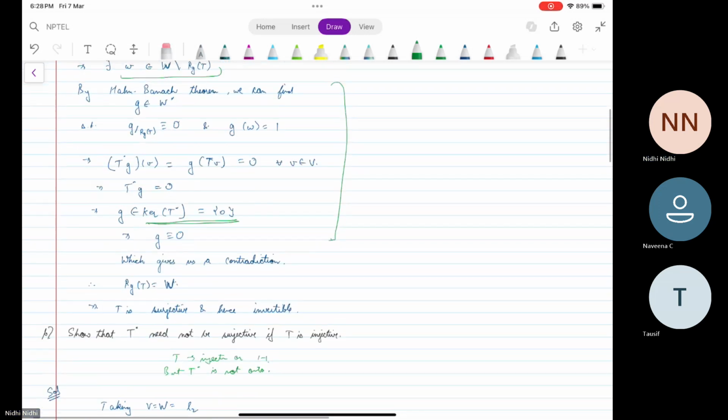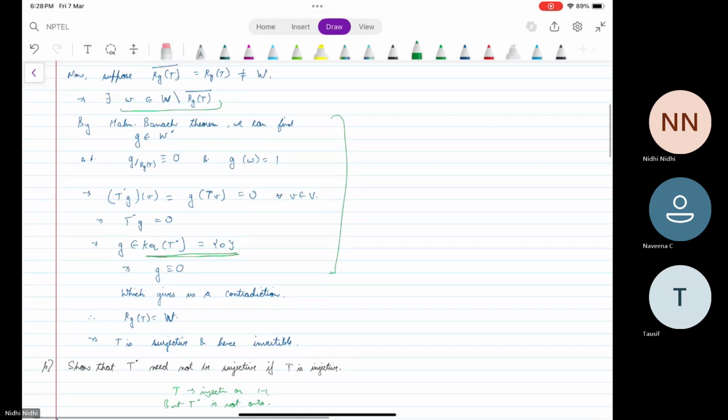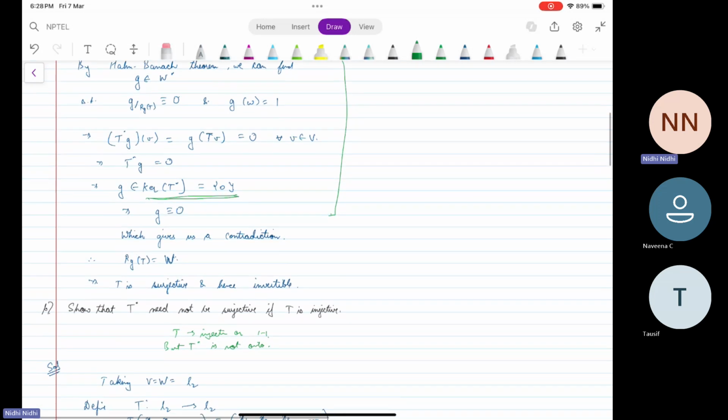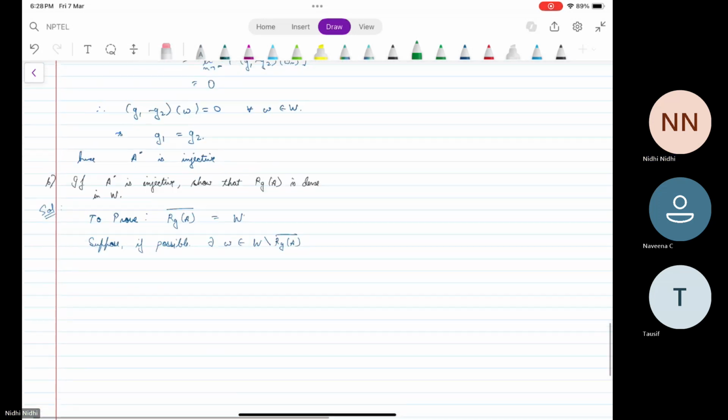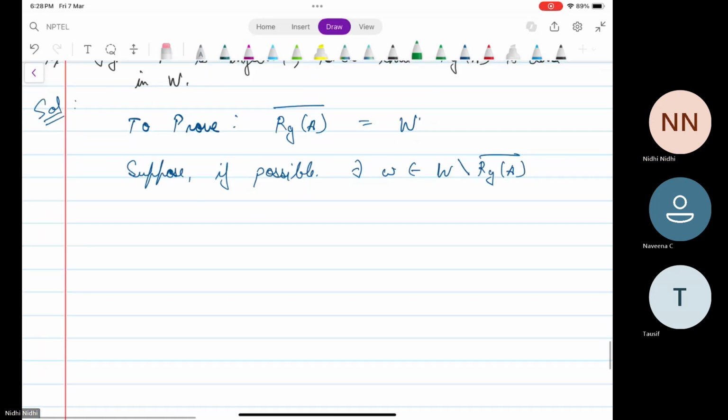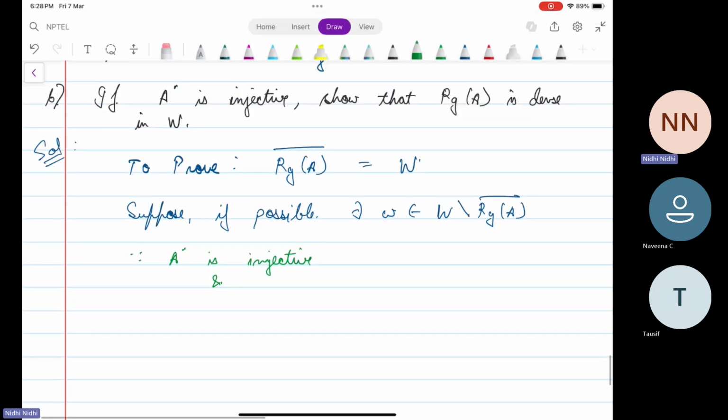So basically, here also, since we are given that A star is injective, hence kernel A star is singleton 0.